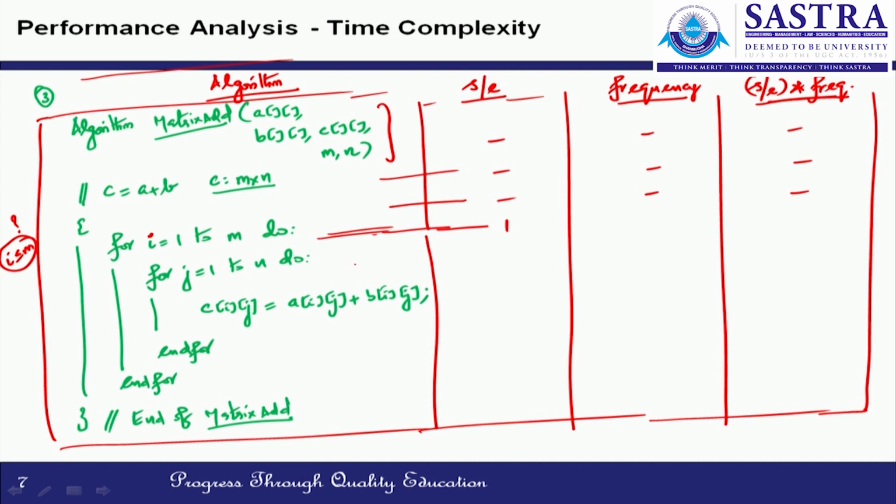Likewise, for j is equal to 1 to n do, the main condition to be tested is j less than or equal to n, which may result in true or false.